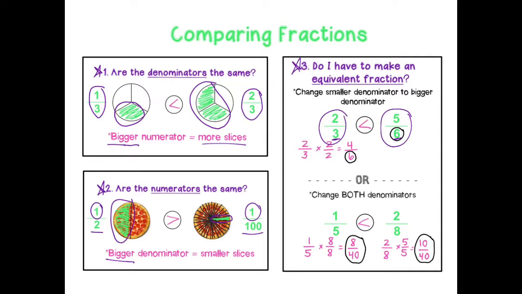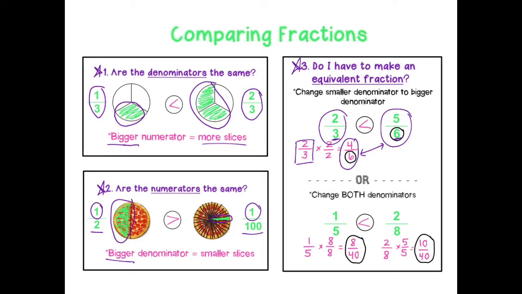So I can take my fraction, 2/3, and multiply it by 2/2 to get an equivalent fraction, 4/6. Now I have 4/6. I'm comparing it to 5/6. I know that my denominators are the same, so the bigger numerator is going to have more slices. So 5/6 is the one with more slices. So now I know that 2/3 is less than 5/6.